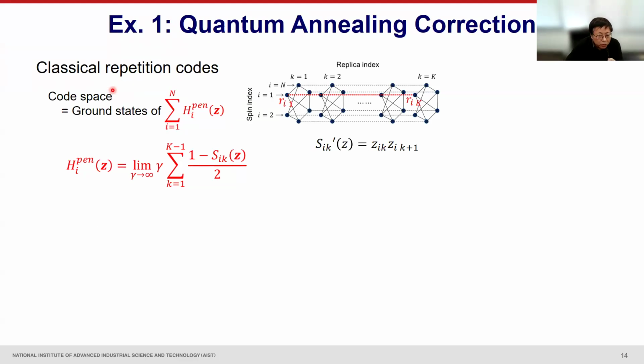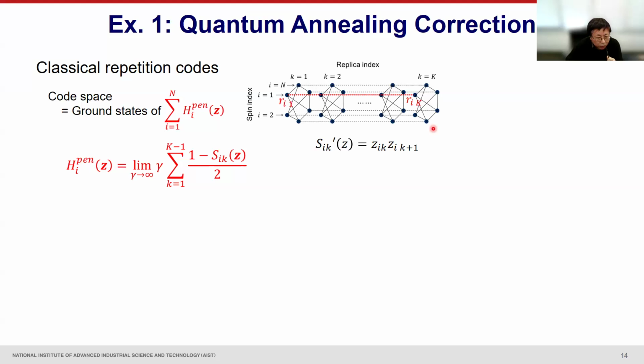Now let me show you two examples. First is the quantum annealing correction. In the QAC, quantum annealing correction, classical repetition codes are combined with Ising spin systems. This figure shows one realization of QAC.